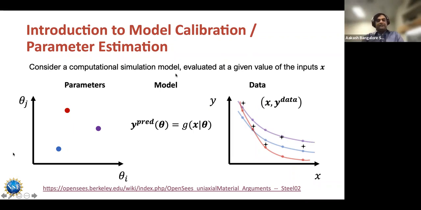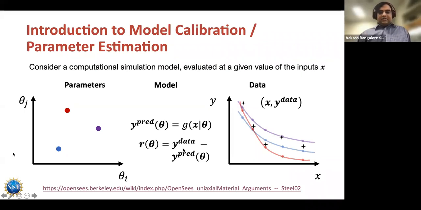What we are interested in for the problem of model calibration or parameter estimation is to look in this parameter space and search for the right parameter value that represents the relationship between the inputs and the outputs that we obtained experimentally, as described in the data set that we have here. That is what we are looking for when we are doing parameter estimation.